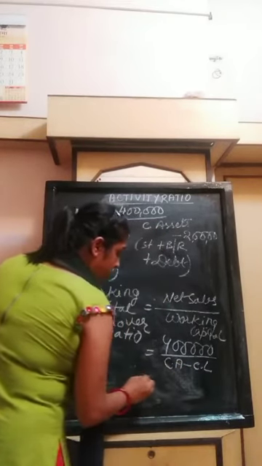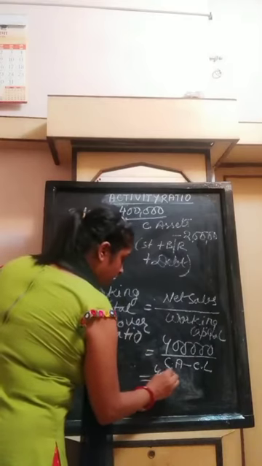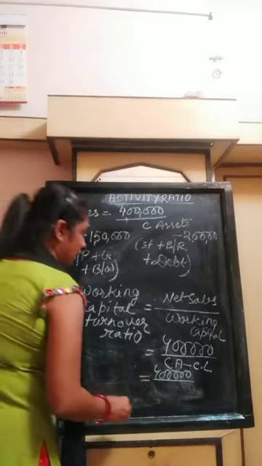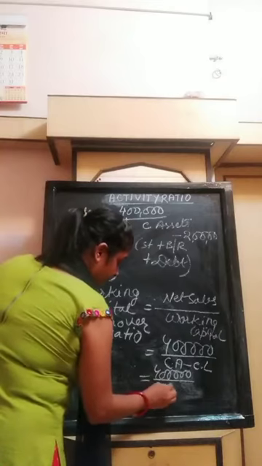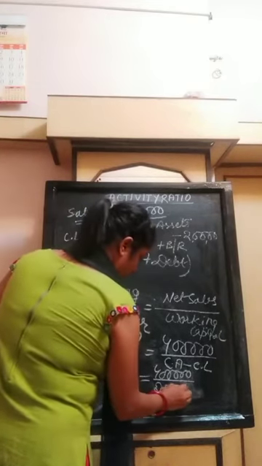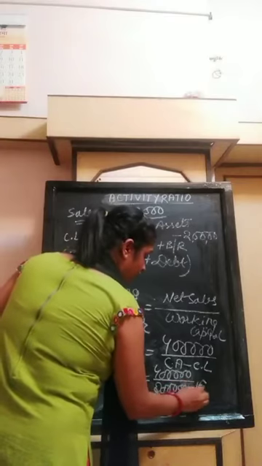So 4 lakh by current assets 2 lakh minus current liabilities 1,50,000.